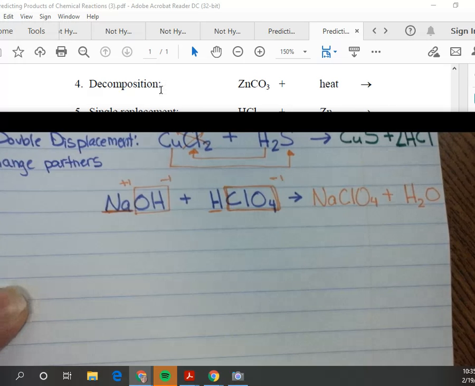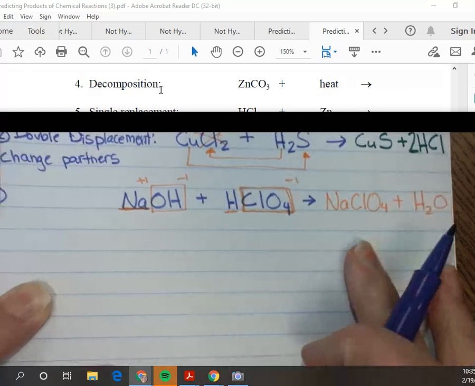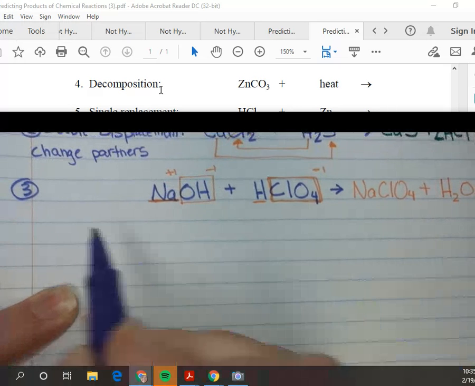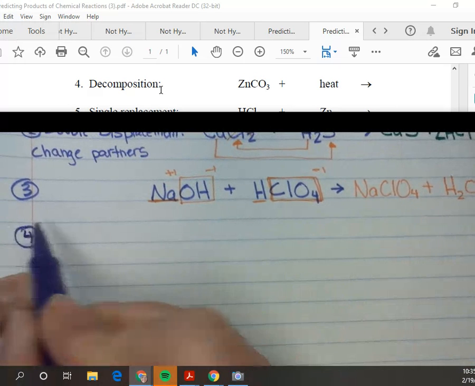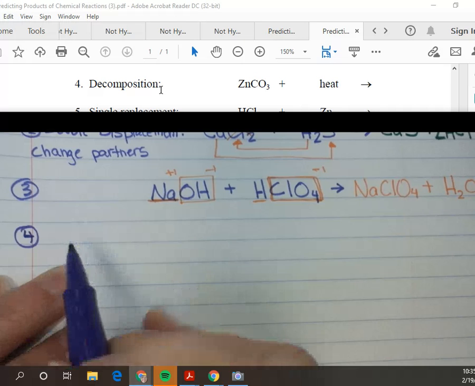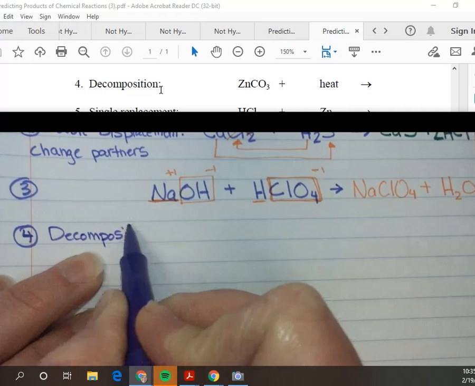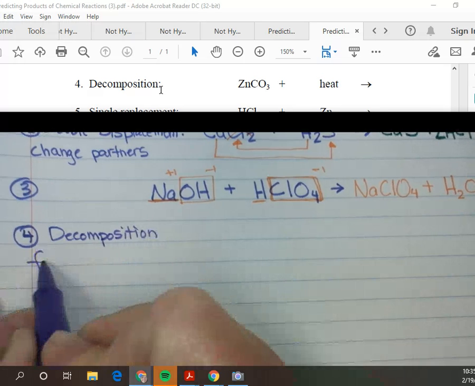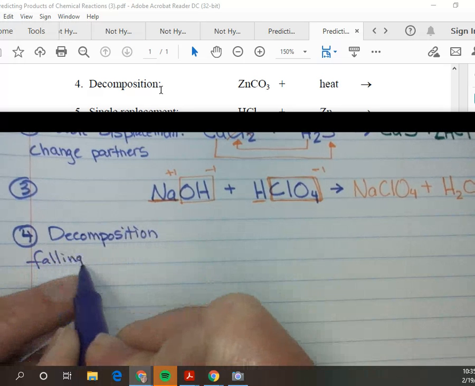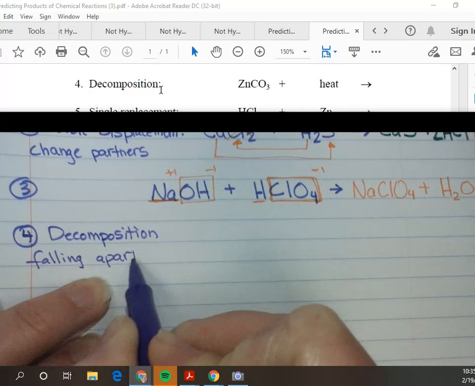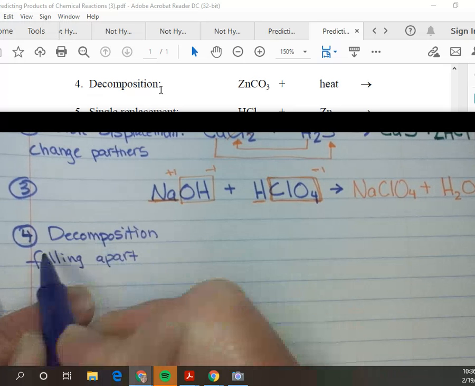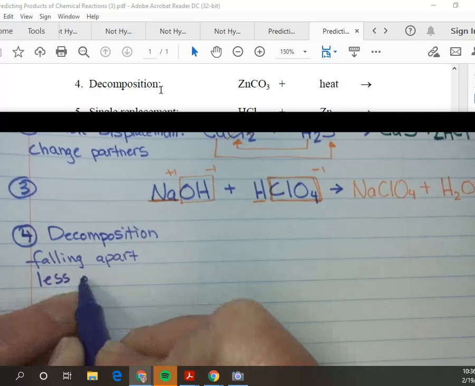Let's talk about decomposition for just a second. Number 4 says decomposition. Now we think about the word decomposition and we think about it as falling apart, but it can also be less complicated.